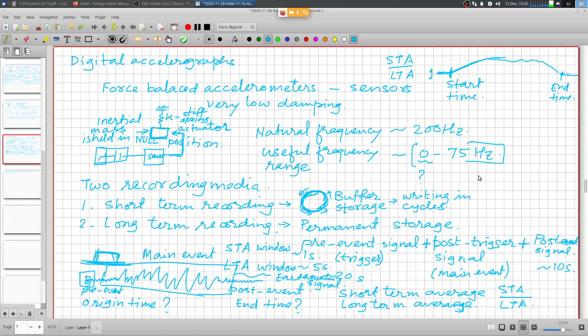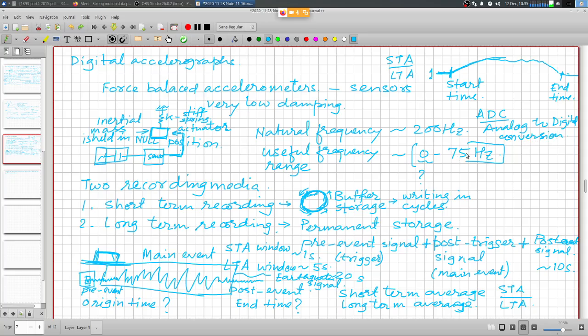First thing is, of course, ADC, analog to digital conversion.